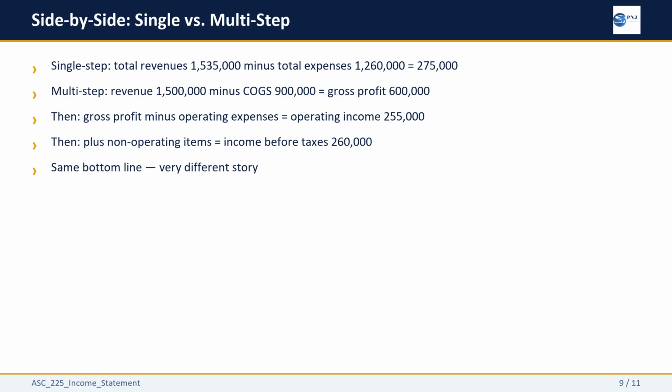The company generated a $600,000 gross profit, spent $345,000 on operating expenses to arrive at operating income of $255,000, then added small net non-operating items to reach income before taxes. Same numbers, completely different analytical picture. This is why the multi-step format is the professional standard, and the one PNJ Group recommends for all engagement work.